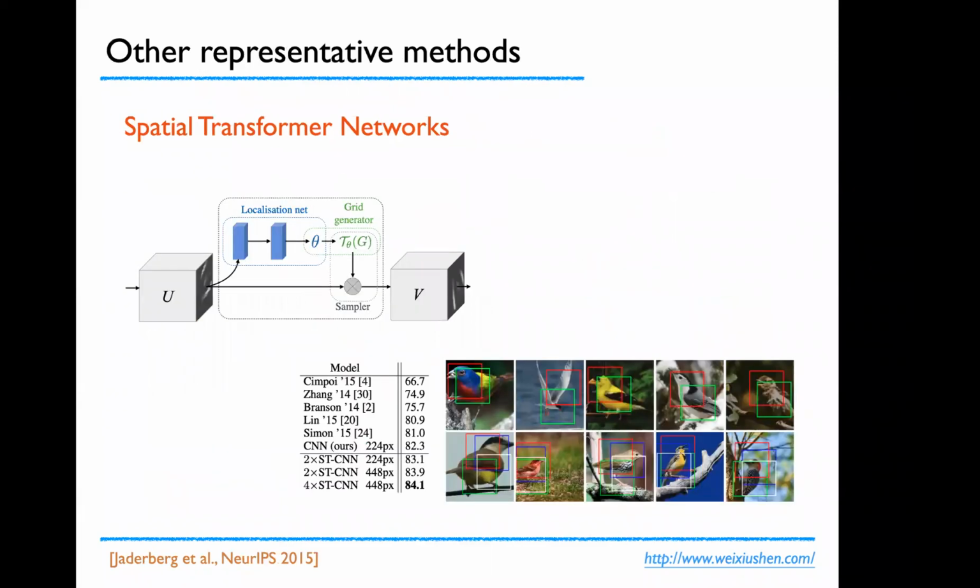And many other approaches in the localization classification paradigm have also been proposed for fine-grained recognition. For example, the STN, or using reinforcement learning, or some other machine learning techniques like low rank mechanism.